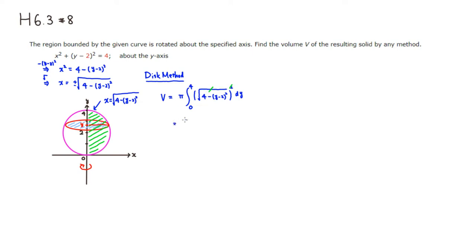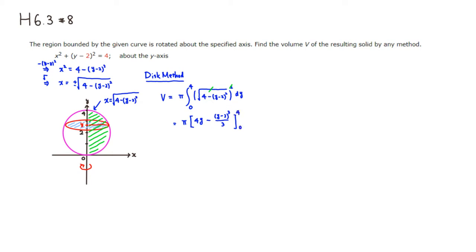So this is going to be pi. The antiderivative of 4 is 4y, and there's a minus sign. The antiderivative of (y minus 2) squared would be (y minus 2) cubed over 3. Then you're going from 0 to 4.